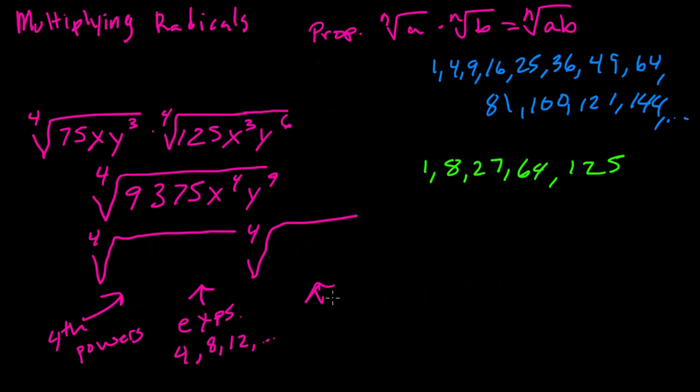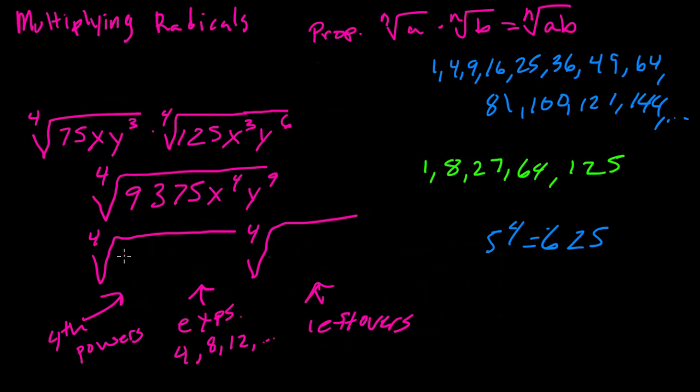And this is still going to contain our leftovers, as always. 9,375 is a big number, but if you look at where it started from, 75 and 125, you might guess that maybe 5 would work. So you could write down your list of 4th powers. 5 to the 4th is 625. And if you check, 9,375 is divisible by 625, and it would leave 15 left over.